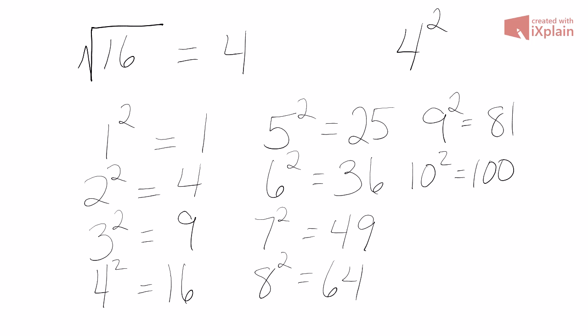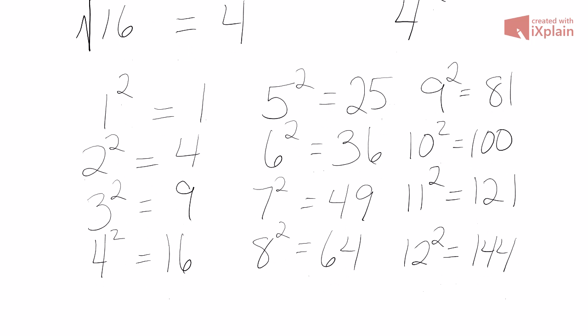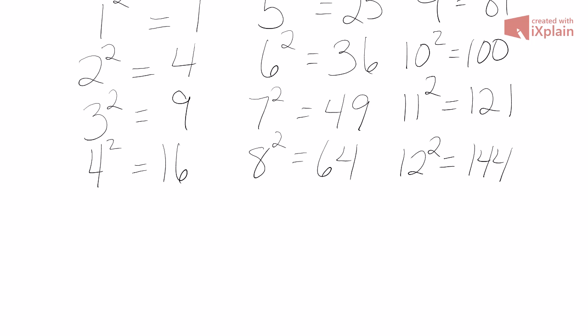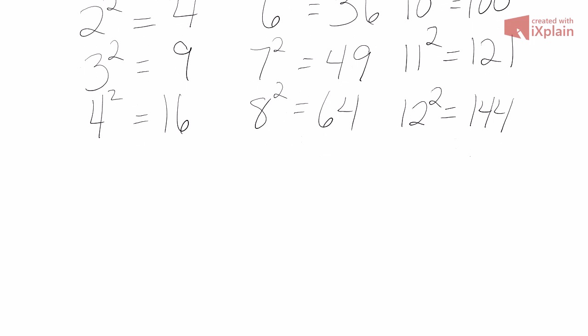And now we start to get to some numbers that you might not have memorized. And again, that's okay. So 11 squared, that's 11 times 11, that's 121. 12 squared, 12 times 12, that is 144. Okay. And now we're going to get to some that are even a little bit harder.